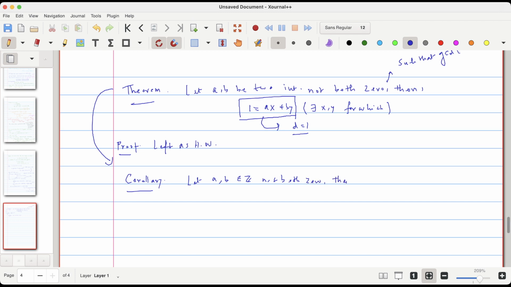Then GCD of A by D, B by D equals 1, where D equals GCD of A and B. This is also your homework.